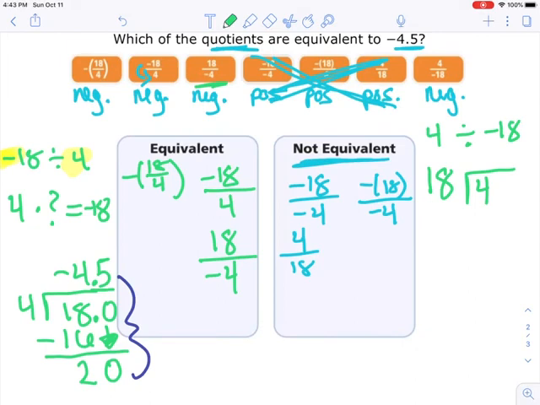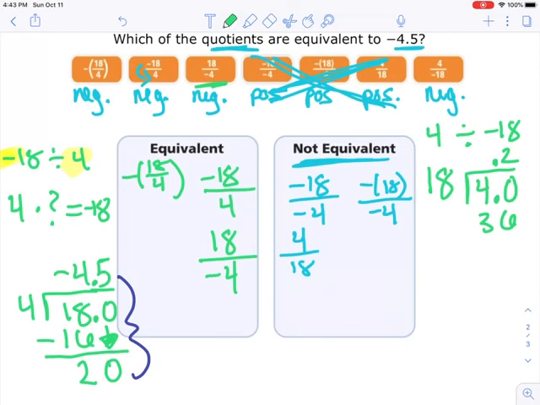So 18 cannot go into 4. So right off the bat, what I have to do is add a decimal so I can add a 0. And now I have how many times can 18 go into 40, which is 2 times, because 18 times 2 is 36.